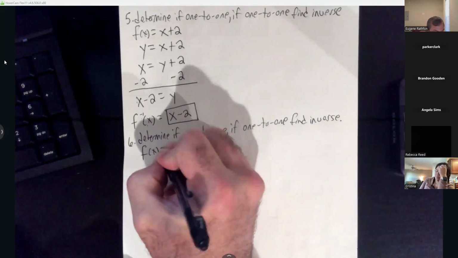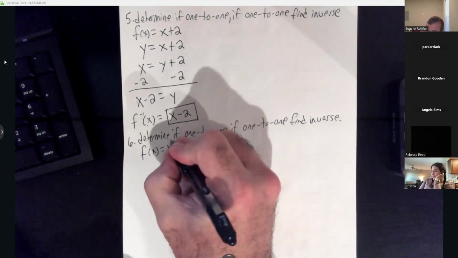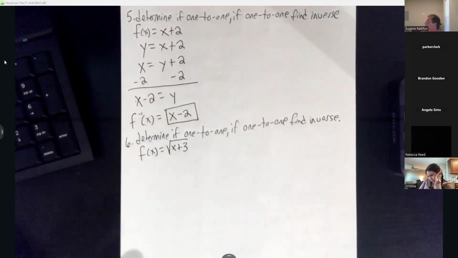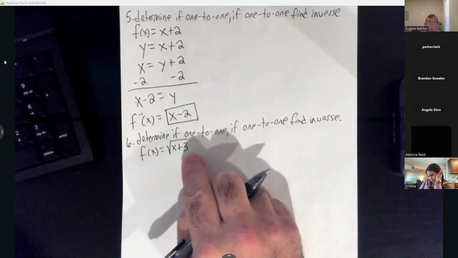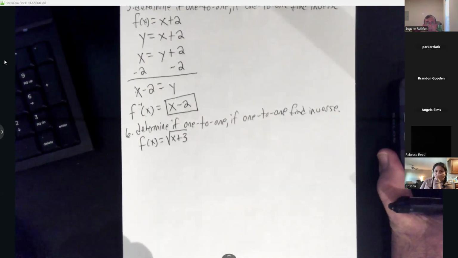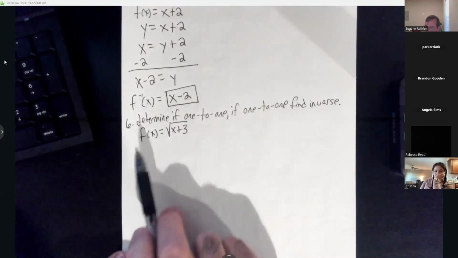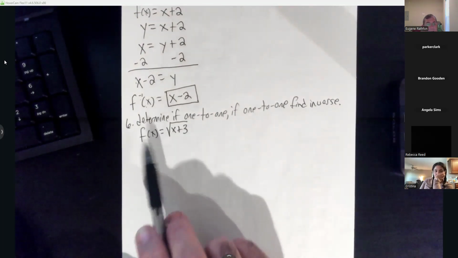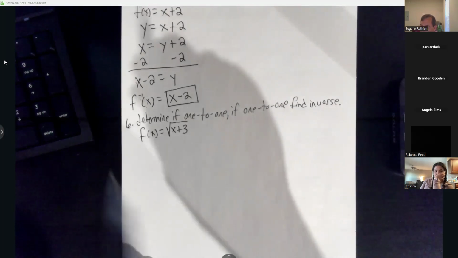So mine is f of x equals square root of x plus 3. Now, everything's up under that radical, okay? Alrighty, so we're going to solve this just like we did here. I'm going to turn the f of x into a y.